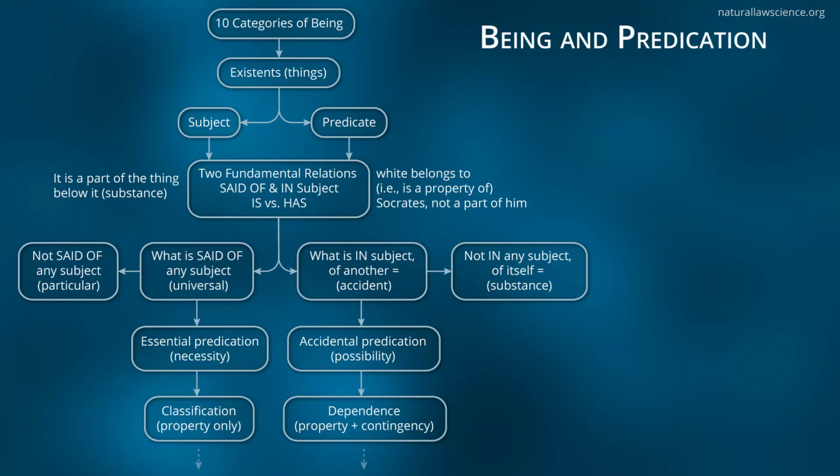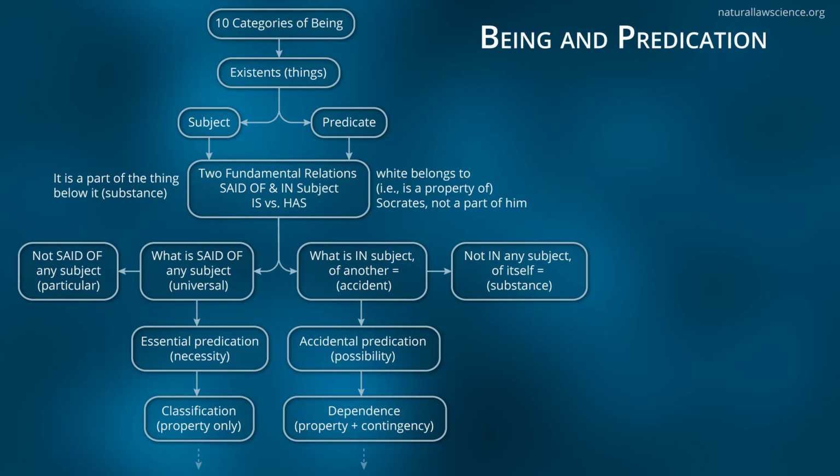Corresponding with said of, you could say something is the subject, so something is said of the subject, something also is the subject. It's part of it, essentially. And in the subject, this is accidental. It's not essential. Something has, not something is something else.